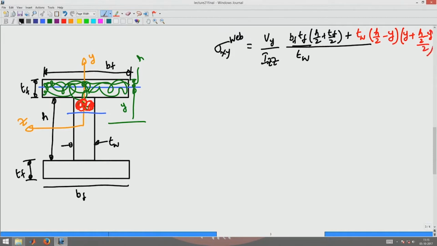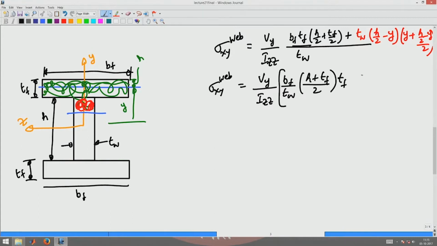So, this gives me the expression for sigma xy of the web to be Vy by Izz into Bf by Tw into (h plus Tf by 2) into Tf plus (h by 2) the whole square minus y square. Okay. So, what happens when y is equal to h by 2?